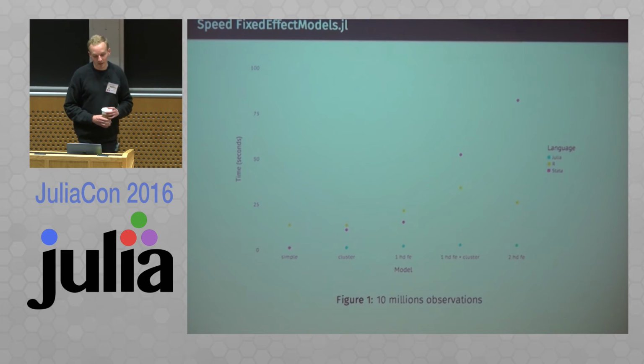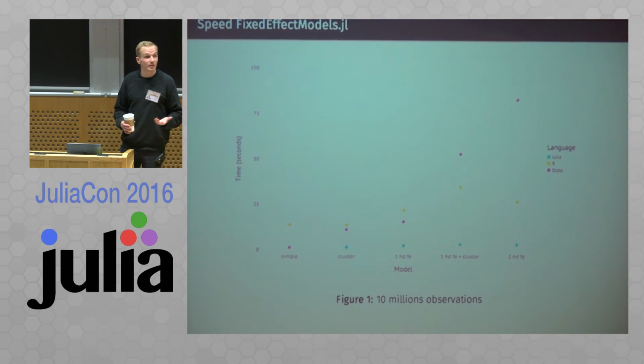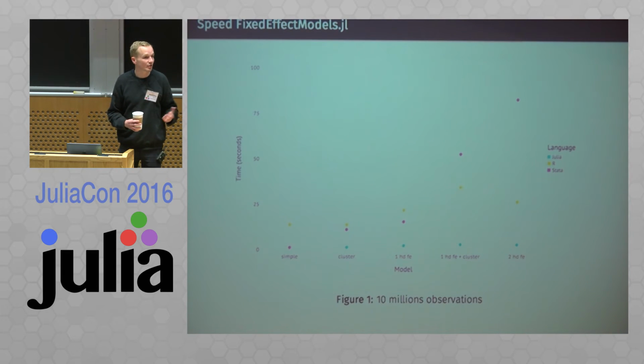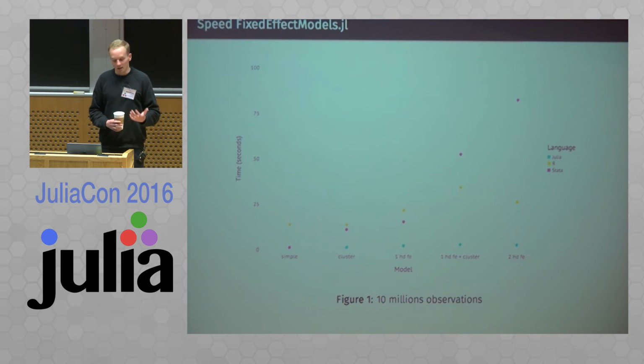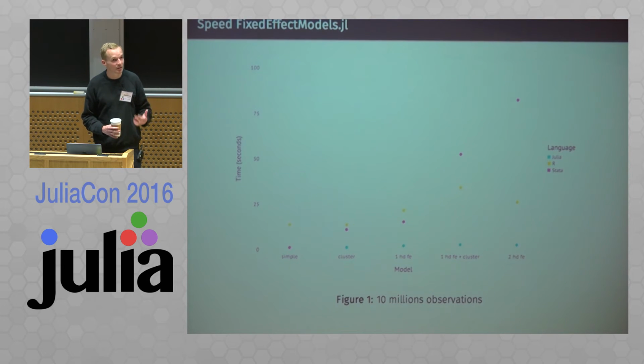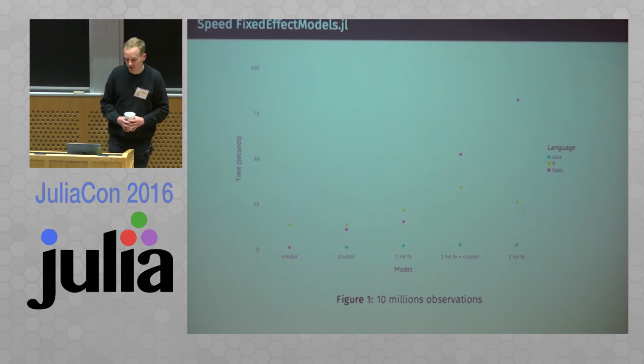This is the speed of fixed effect models compared to two different packages, one in Stata and one in R, to solve the kind of problems that we face in economics. There are 10 million observations. It happens actually a lot if you use tax return data or administrative data, and you want to run a fixed effect at the family level, individual level, or even zip code level, stuff like that.